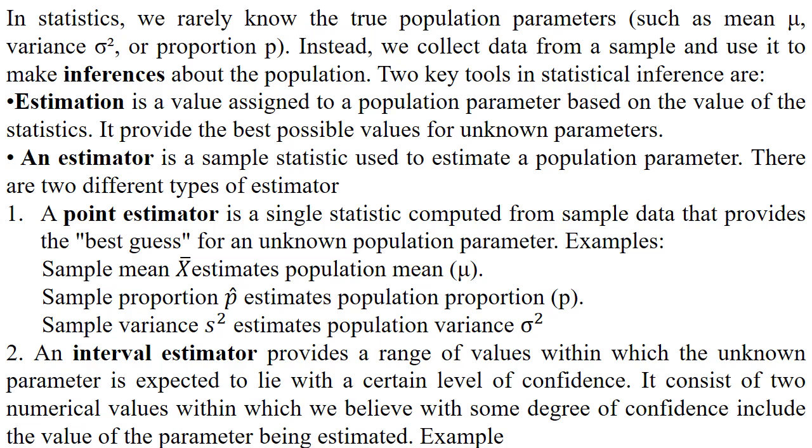Example, our sample mean x bar, which is the summation of xi over n, as we studied in section 2. Our sample mean x bar is the estimate of population mean mu. Our sample proportion p cap is the estimate of population proportion p. Our sample variance s squared is the estimate of the population variance sigma squared.